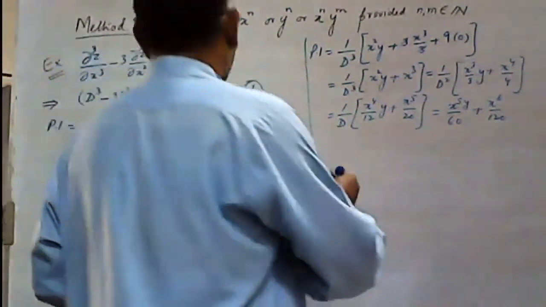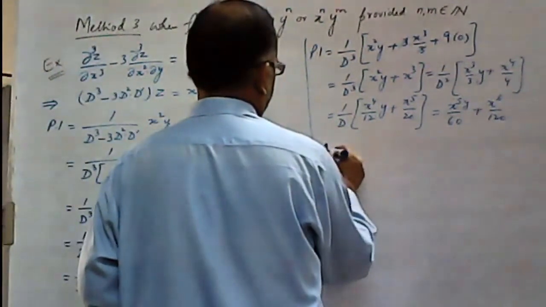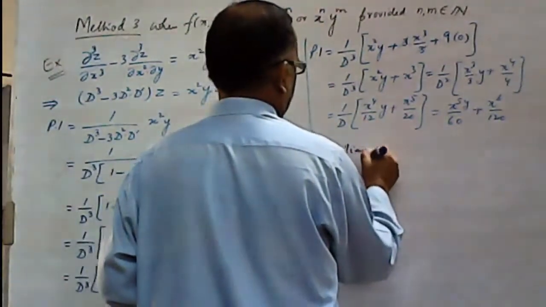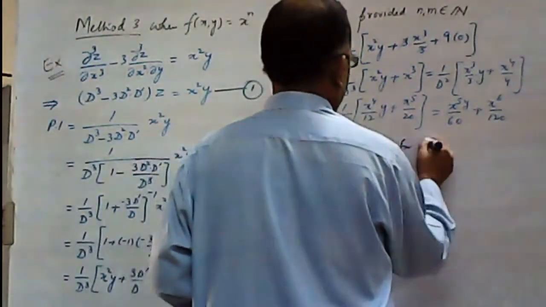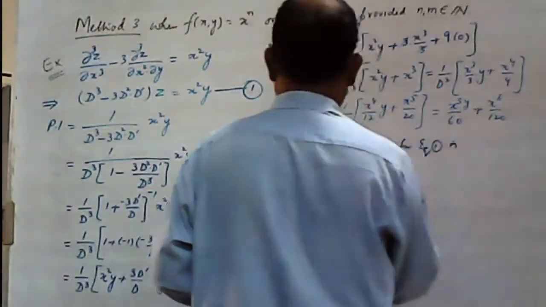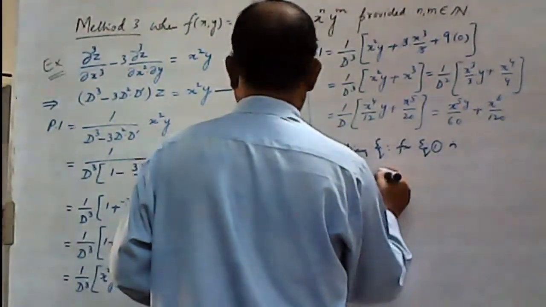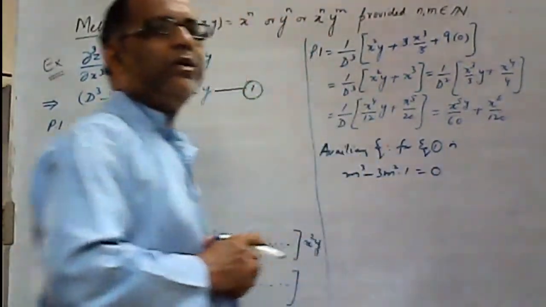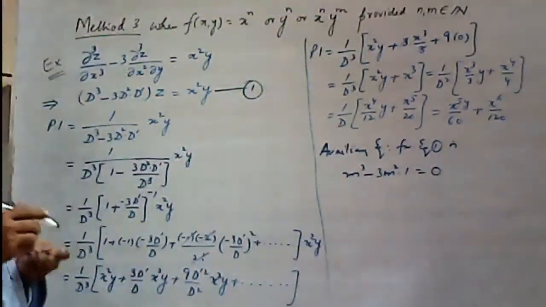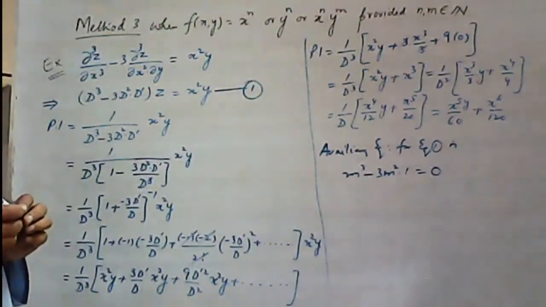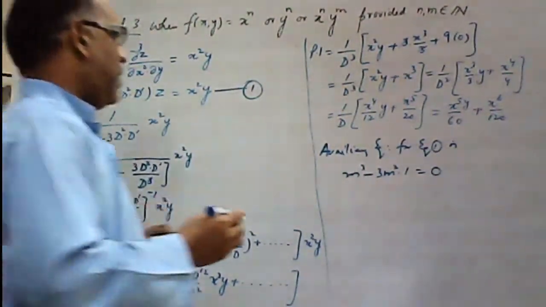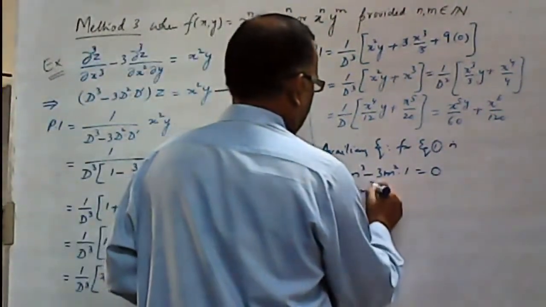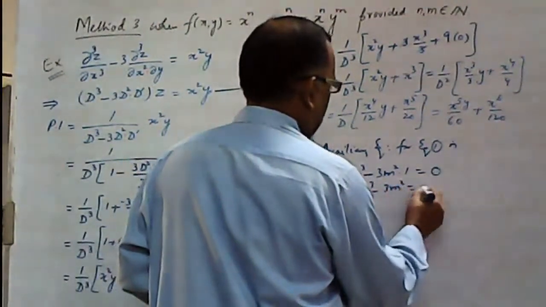So the auxiliary equation for equation 1 will be n cube minus 3m square into 1 is equal to 0. As I told you, d is replaced with small m and d dash is replaced with 1. So it means we have m cube minus 3m square equal to 0.